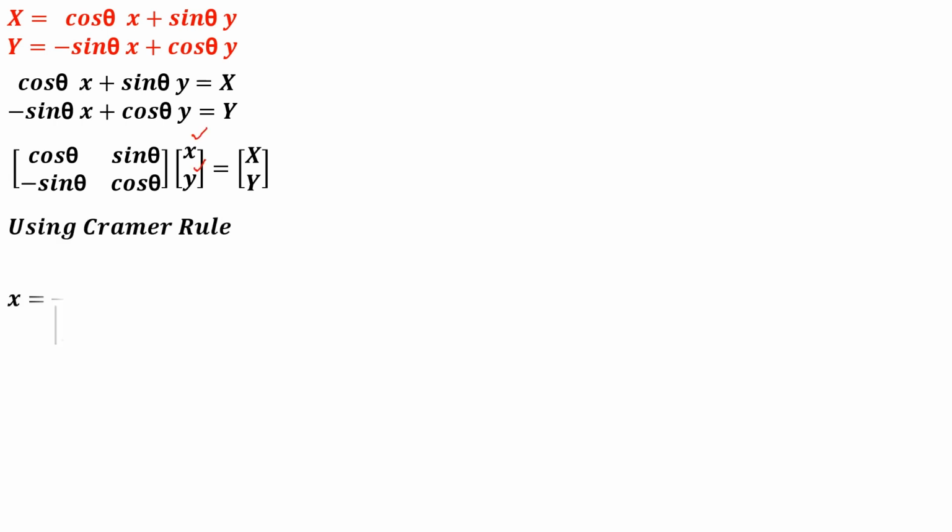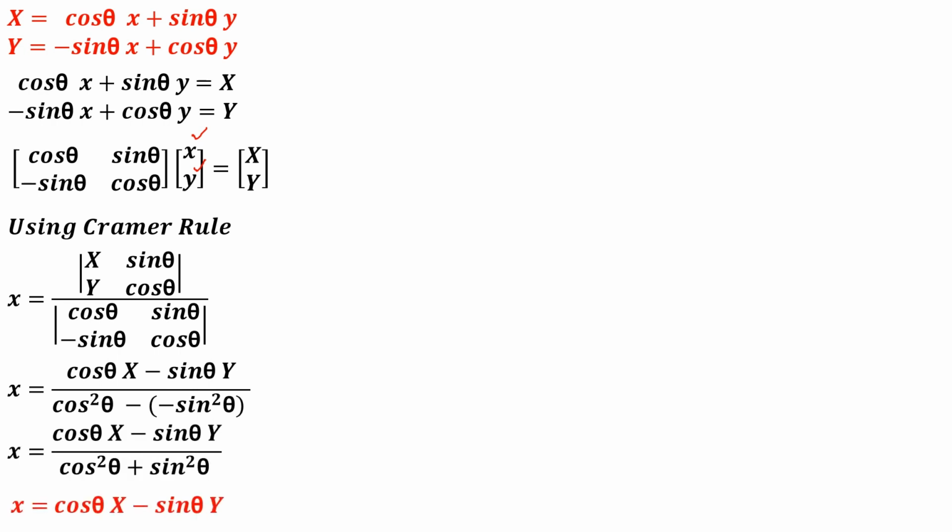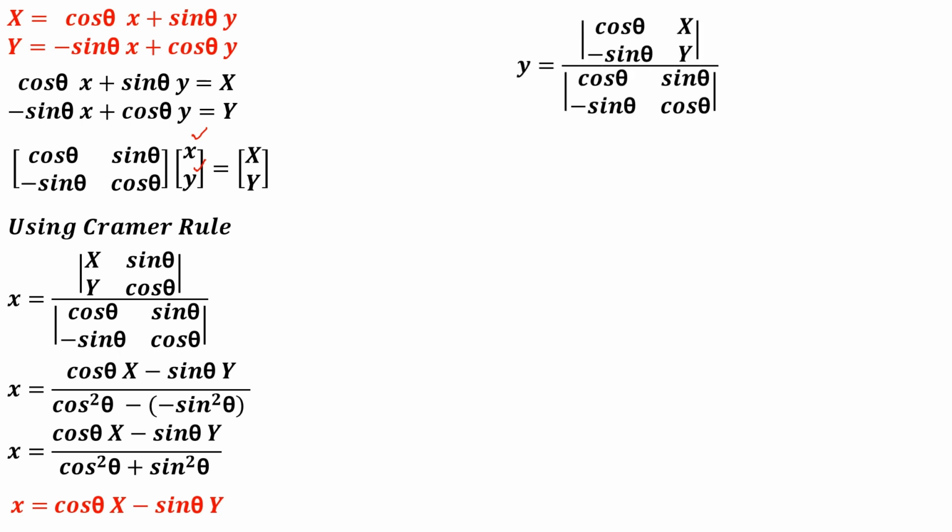Small x will be equal to the quotient of these two determinants. We evaluate these two determinants and get small x is equal to cos theta capital X minus sin theta capital Y. Similarly, we find small y as the quotient of these two determinants.